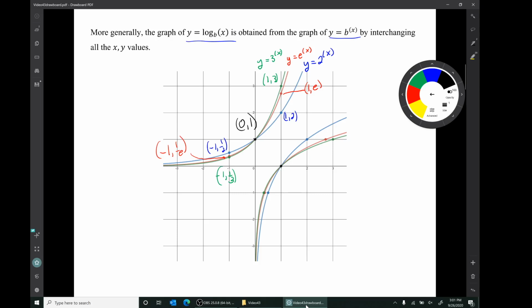When we interchange the x, y coordinates of all those points, we get distinctive points on the graphs of the corresponding logarithm functions. That's this collection of graphs down here. Let's title those.